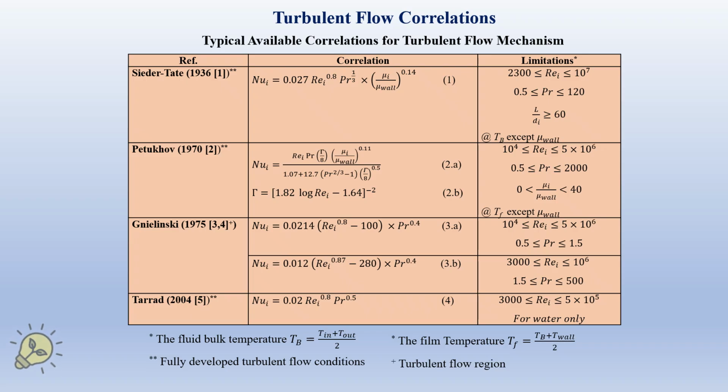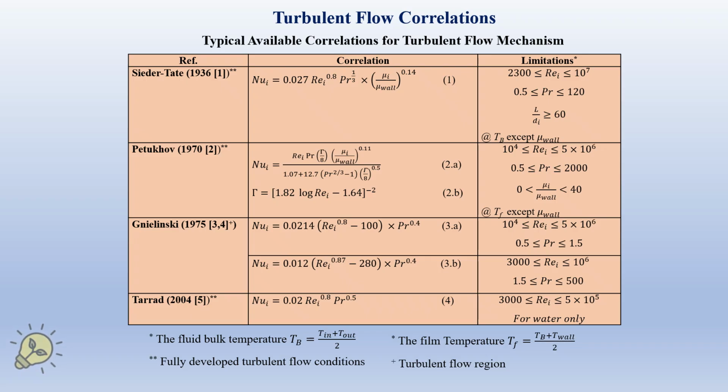Then we have Petukhov in 1970. Again, this is presented in a form that Nusselt is a function of Reynolds and Prandtl with the effect of viscosity and the length of the pipe.